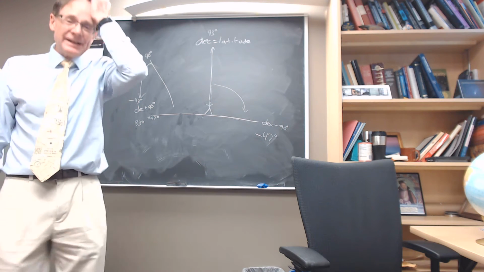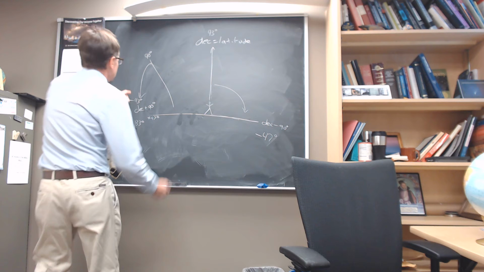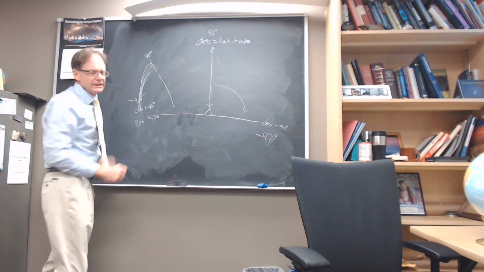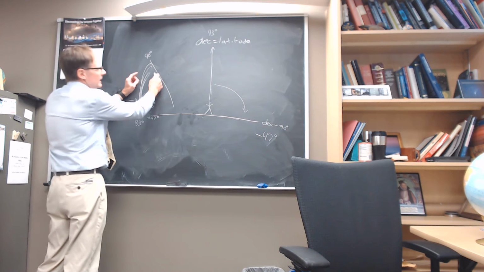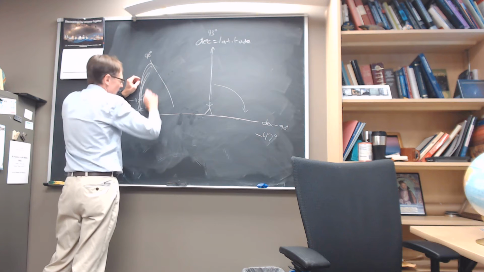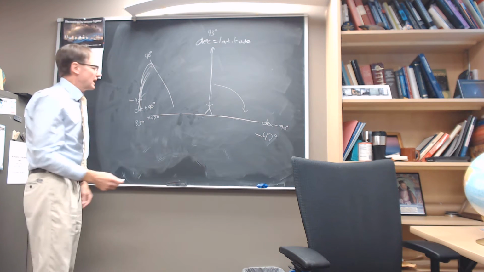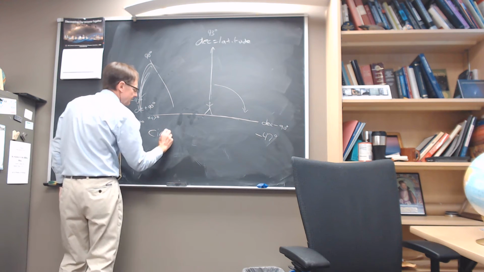So everything that is here actually never gets below our horizon. Anything that's this close to the pole will stay above the horizon all the time, and we call that circumpolar.